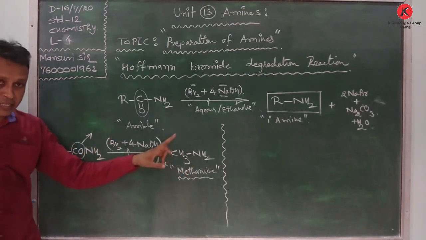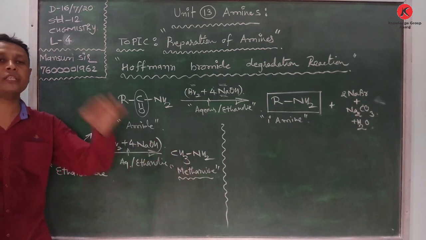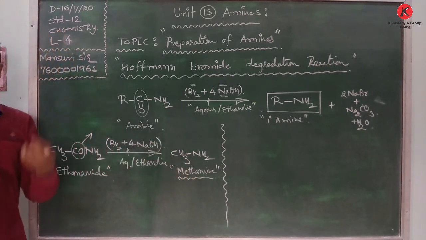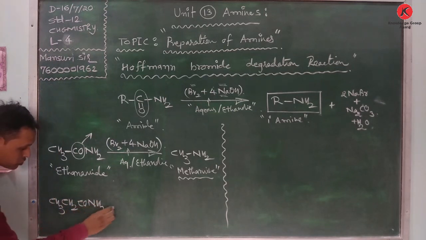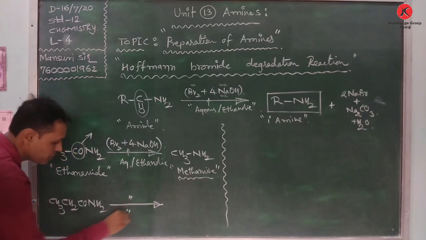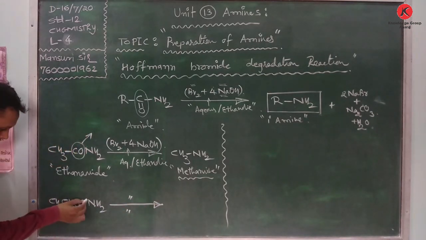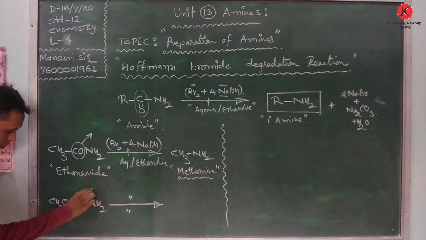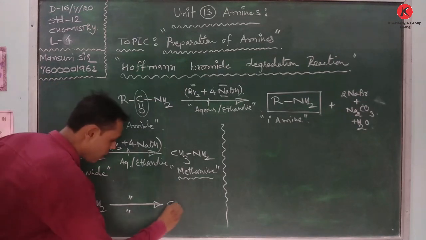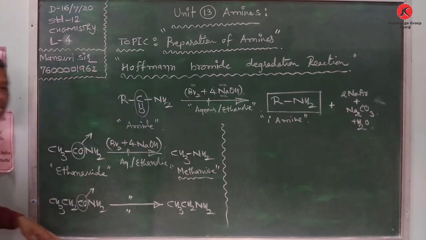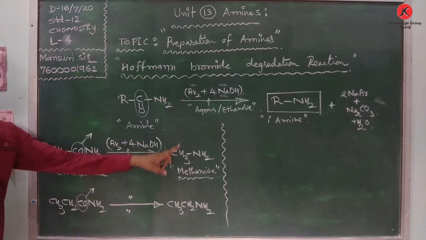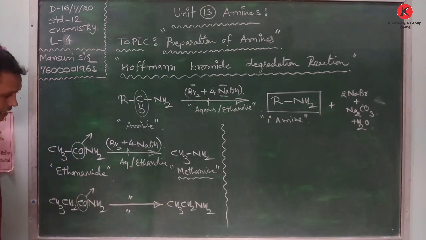So we can say that ethanamine is formed from propanamide. Here CH3CH2CONH2 and this mixture is taken. Then the carbonyl group will be removed and ethanamine forms. So here one less carbon is obtained in the amine compounds.